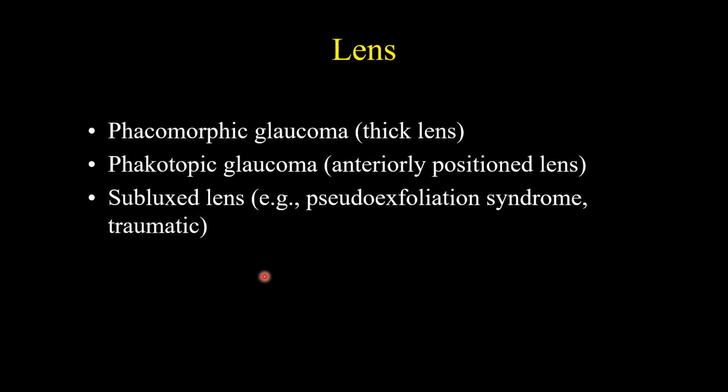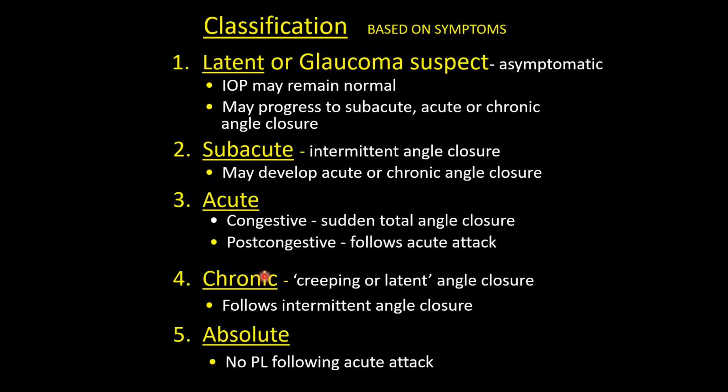This is because of trauma or because of a disease called pseudoexfoliation. In all these diseases, there can be a problem with the lens, and it can push the iris forward, decreasing the distance between the iris and the cornea and causing angle glaucoma.